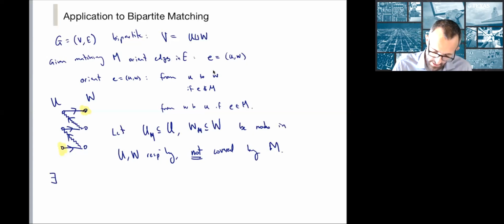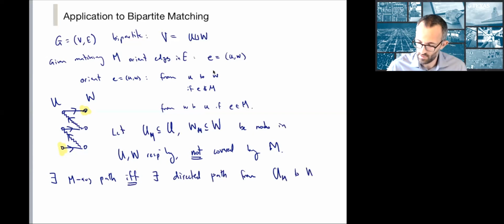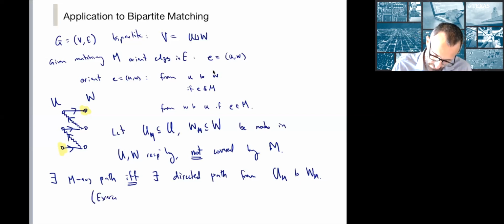it's straightforward to see that there exists an M-augmenting path if and only if there exists a directed path from UM to WM. This is a particularly simple example that I've given you, and you can see it, but you can check this. I'll leave this as an exercise.